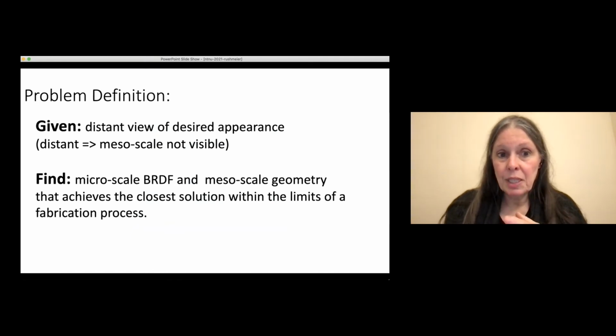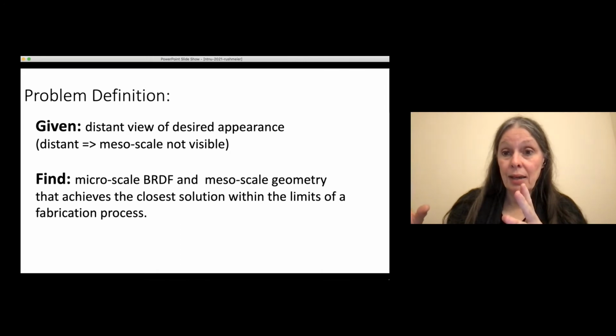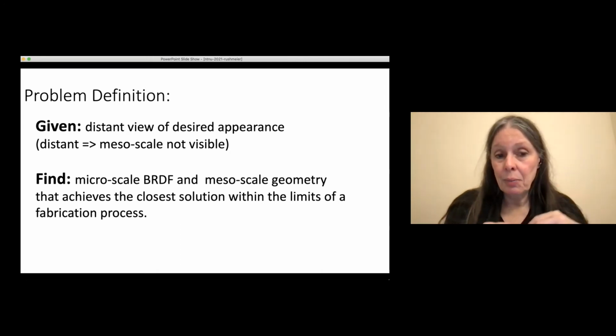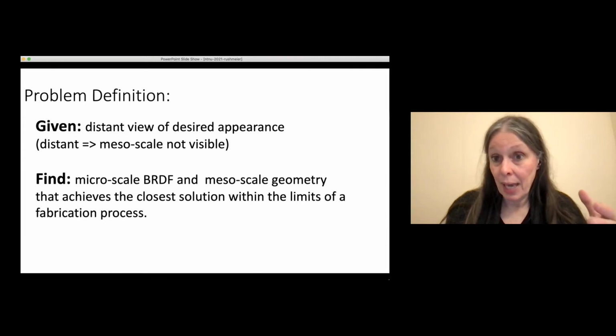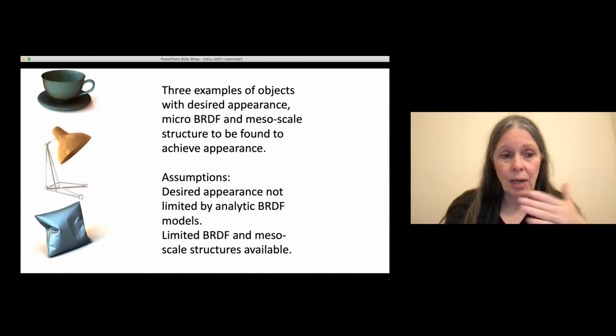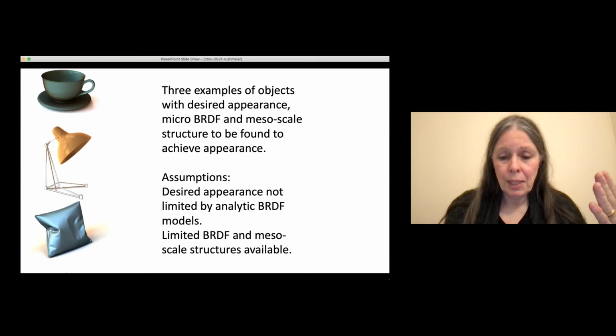Specifically, somebody designs what the appearance will be when viewed from a distance. Then we want to find the BRDF and mesoscale geometry that will achieve that appearance from a selection of BRDFs and small scale geometries that we have at our disposal for manufacturing something. For example, here are 3 objects, and this is their distant view appearance.